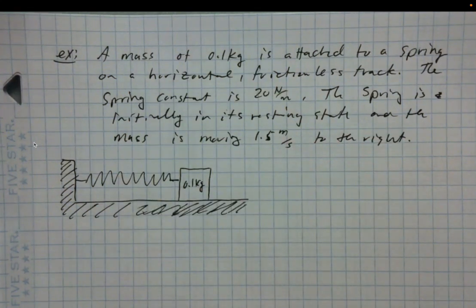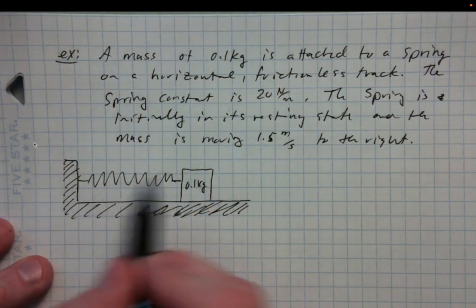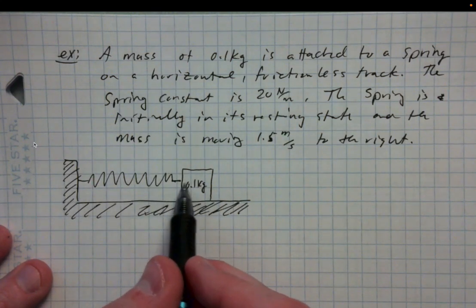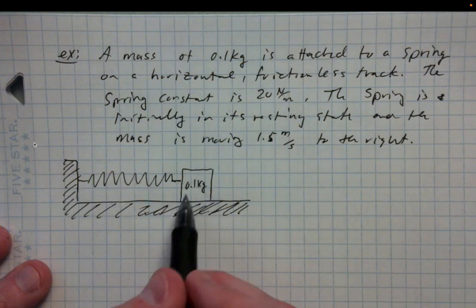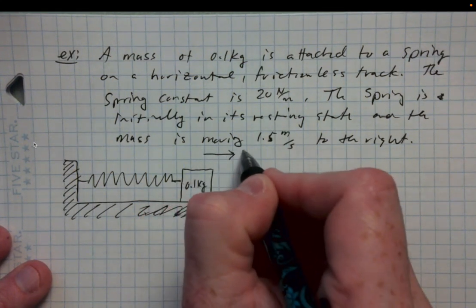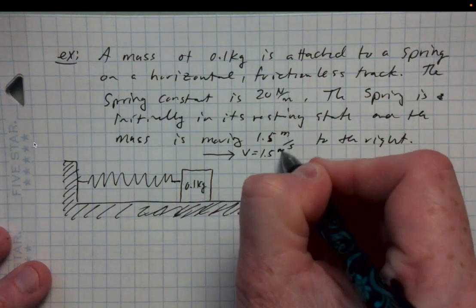Now, when we measure at the starting point, the spring is precisely in its resting state, which means there's no force being exerted on the mass in either direction initially. But the mass is moving at 1.5 meters per second.